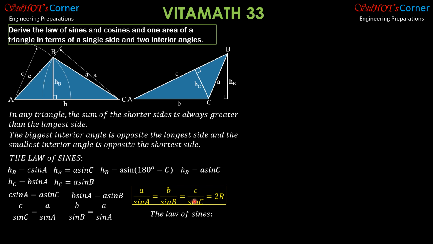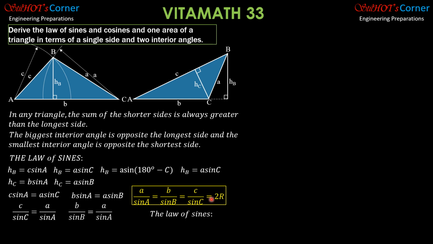It is not capable of answering an obtuse angle unless you use the law of cosines, because the law of cosines is an absolute formula. There's no situation where it will give us a wrong answer.